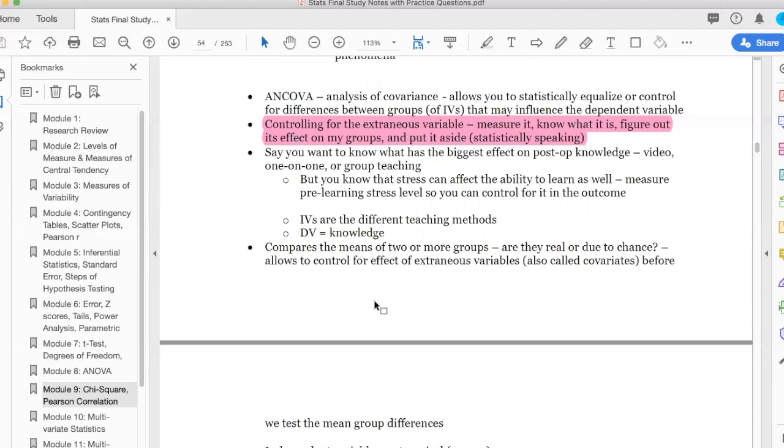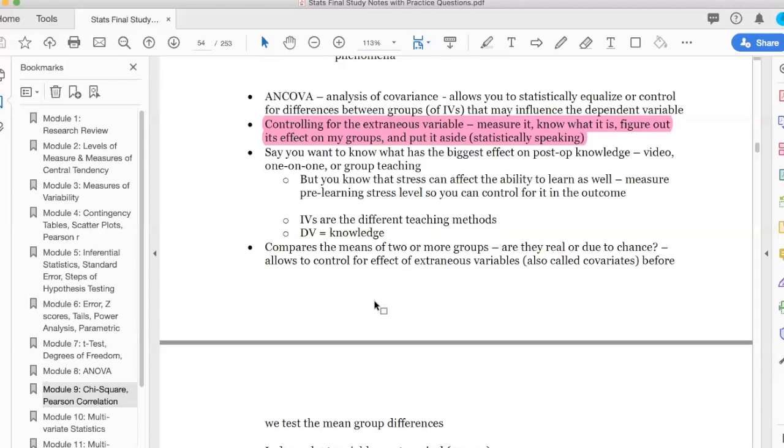You've got a bunch of patients who've just had surgery, and you want to know, is it a video, one-on-one teaching, or group teaching that has the biggest effect? But you also know that stress can affect the ability to learn, right? So stress is going to have an effect on post-op knowledge, but you don't want to measure that. That's an extraneous variable. So you would use this ANCOVA to identify that and pull it out.